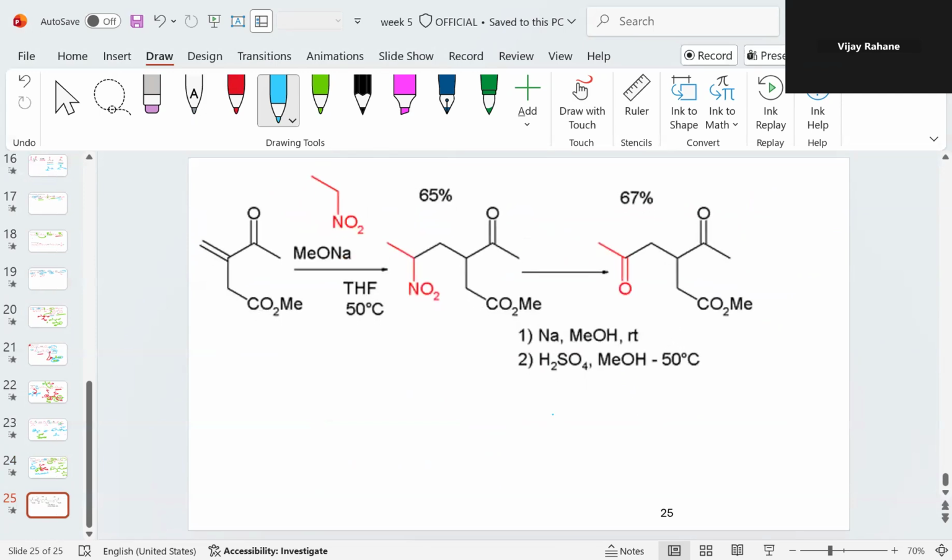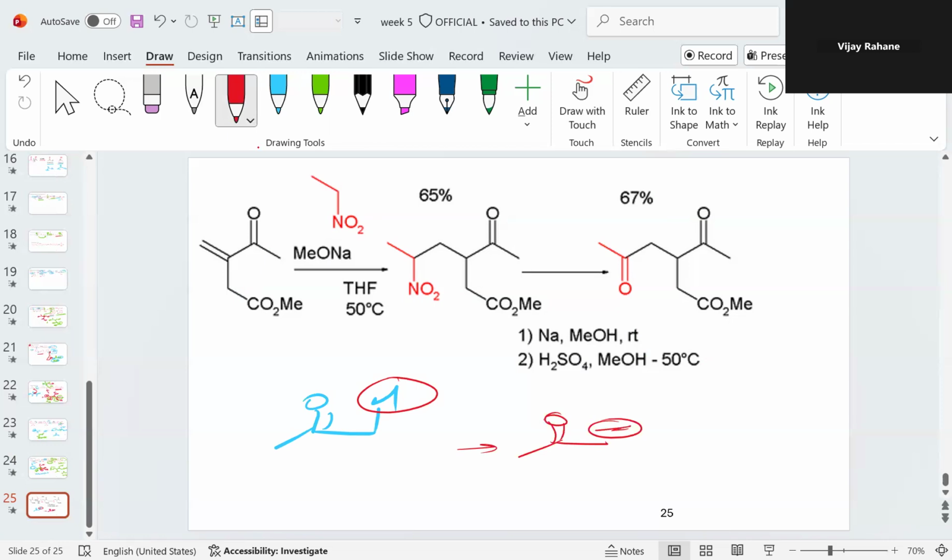If you look at this example, this is basically just a linear synthesis that I have shown, but the reagent usage here is important. Whatever example I have shown today, it all belongs to the alpha position of the keto group, where we can easily abstract and form a negative charge.